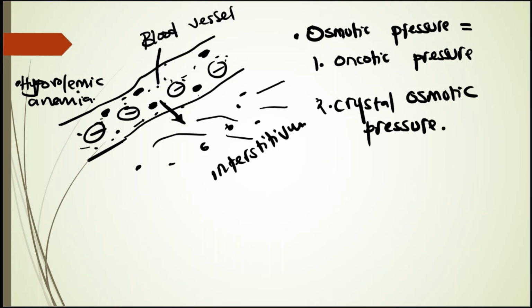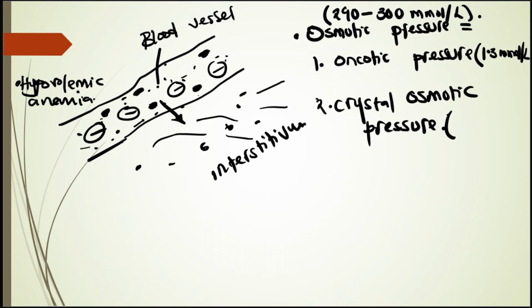The value of osmotic pressure is about 290 to 300 millimoles per liter. The value of oncotic pressure provided by albumin is 1.3 millimoles per liter.